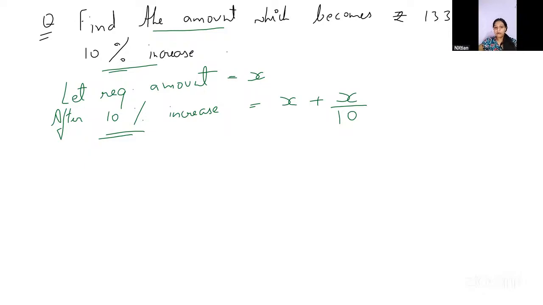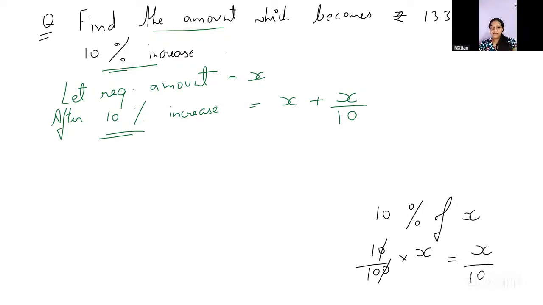One second, Abraham. 10% of x would be 10 upon 100 into x. Cancel. What will I get? x upon 10. Understood how x upon 10 came?